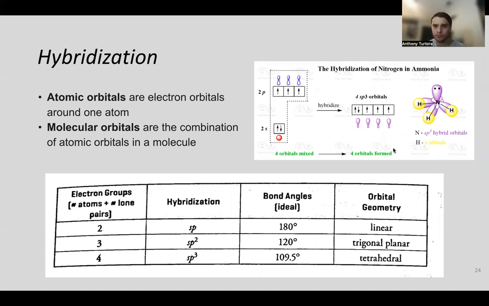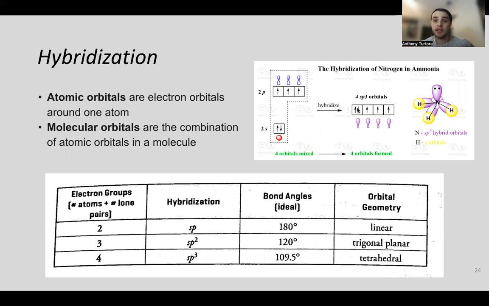When we look at nitrogen specifically, we know that nitrogen has electrons in the 2s group, and it has 3 electrons in the 2p group, as it is the third element in the first p row of the periodic table. These are the atomic orbitals, and they're going to hybridize.